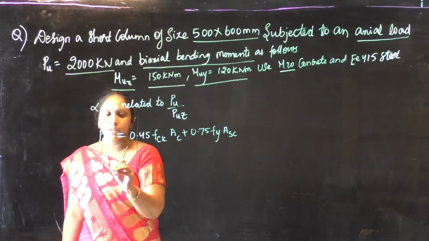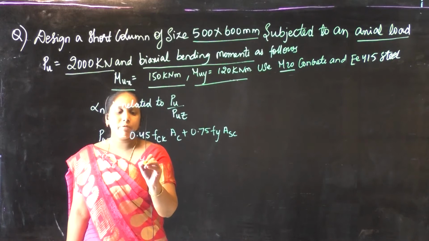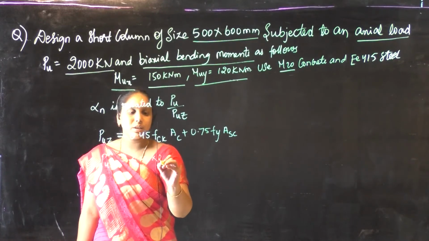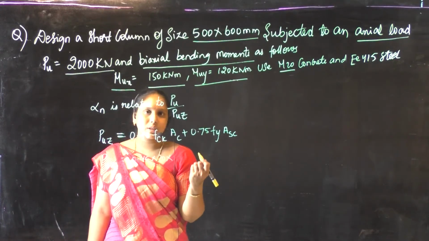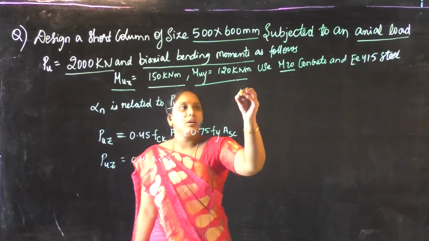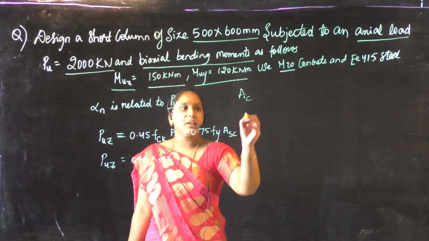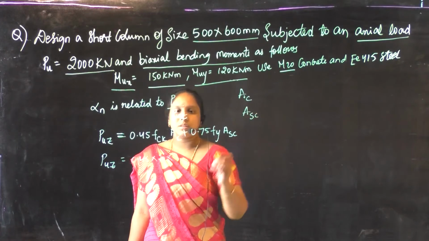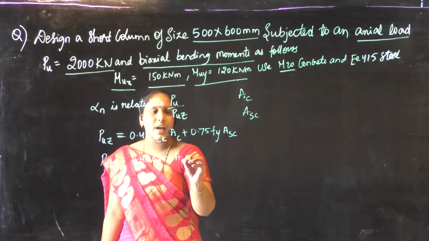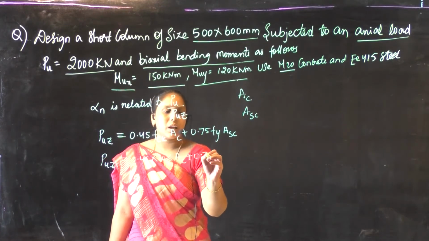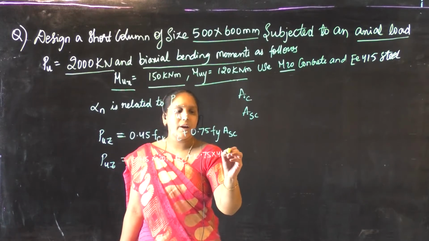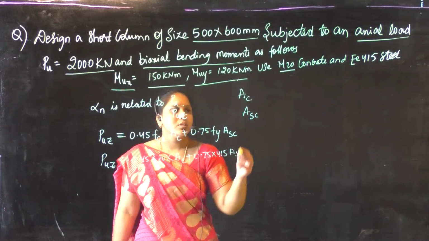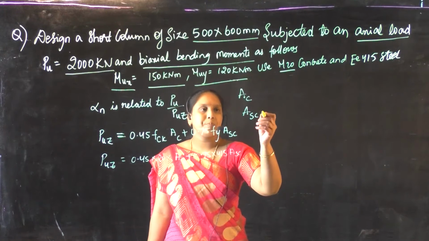So PUZ is equal to 0.45 into FCK is 20 into AC. Here we have to know the AC, and the other unknown is ASC. So first let us calculate the AC and ASC. So how will we calculate ASC?